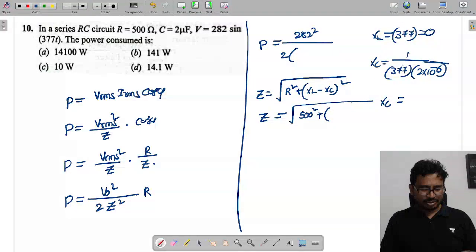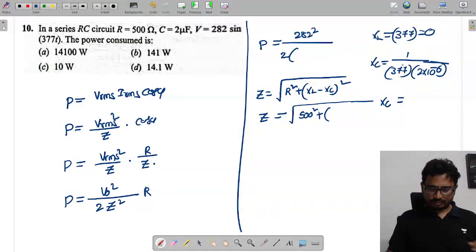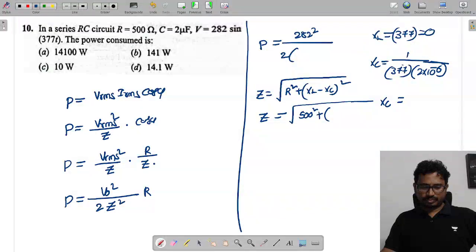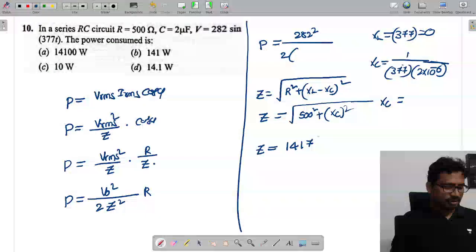Only this little bit of calculation here. So this is XC whole square. Now we can calculate the Z value. Z will come to 1417. Check the calculation.